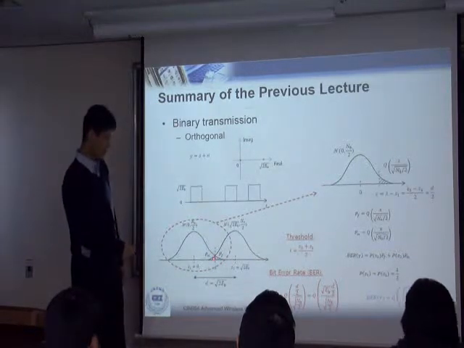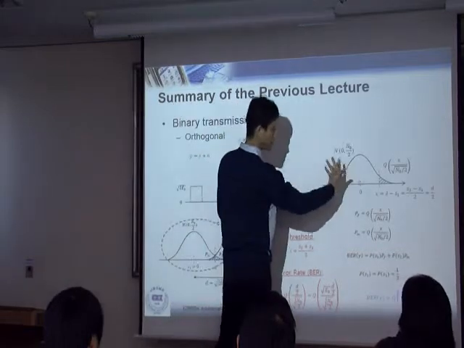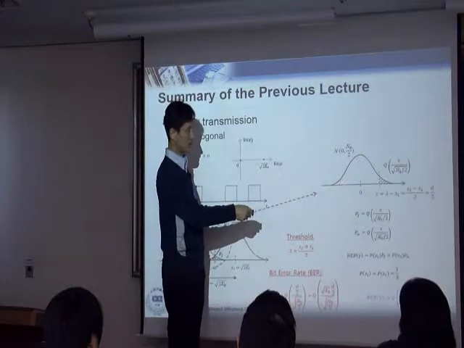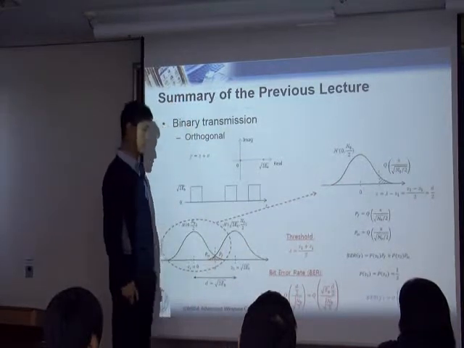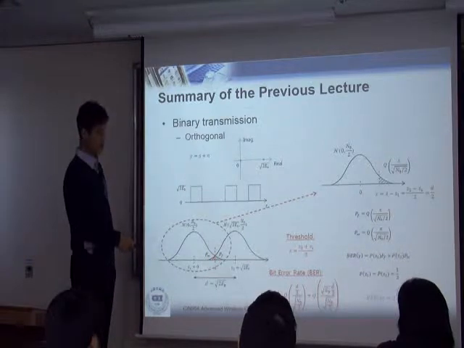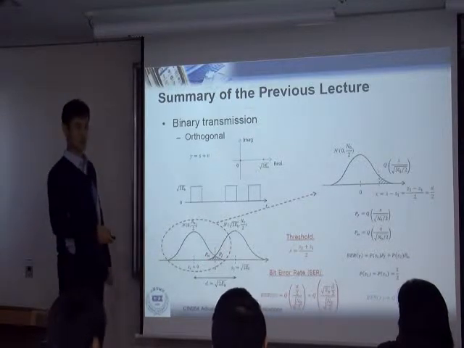And this red one is also a Q function. You just take a mirror image, and then you will see that there's a red part right here. That area you can still calculate using a Q function. So both are Q functions, and what we want to do is minimize the sum of these two. That's typically the goal when you design a system.